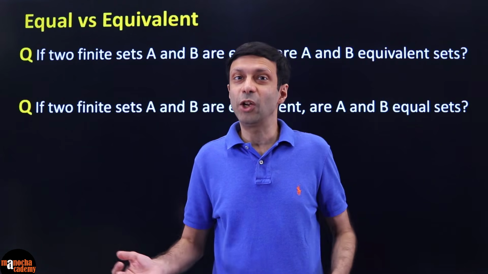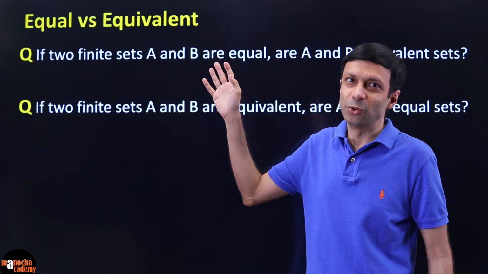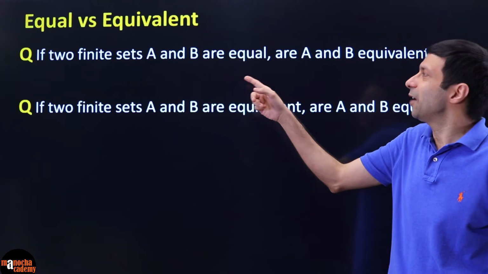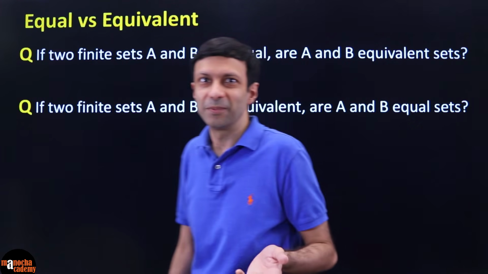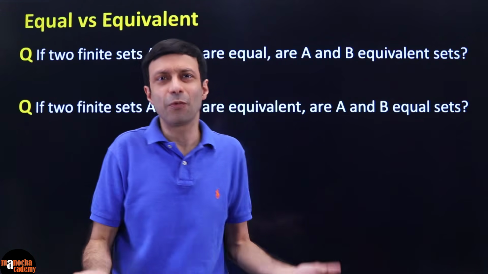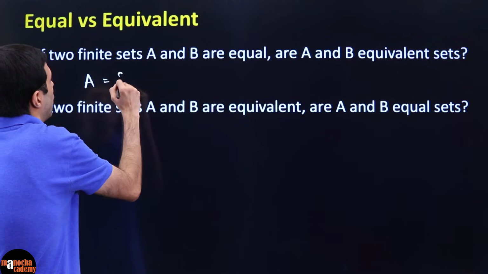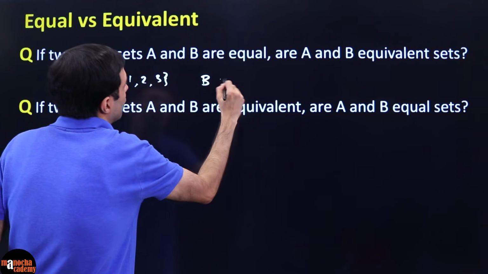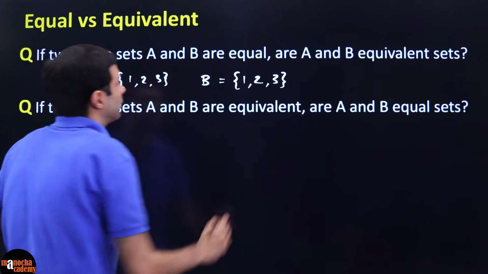So we talked about equal and equivalent sets. Now let's compare the difference between these two. Here's a question. If two finite sets A and B are equal, are A and B equivalent? What do you guys think? So in these kind of questions, just think of a simple example. Let's say set A has 1, 2, 3 in it, and set B, since they are equal, it will have the same elements 1, 2 and 3, right?